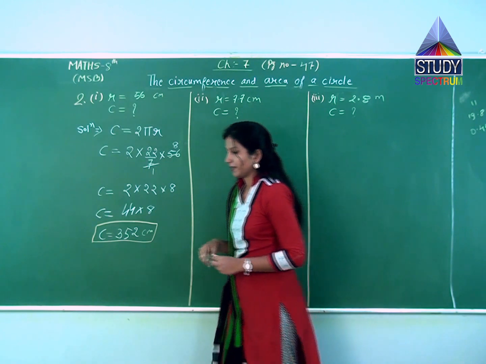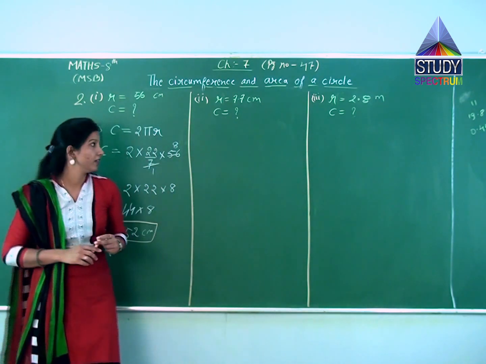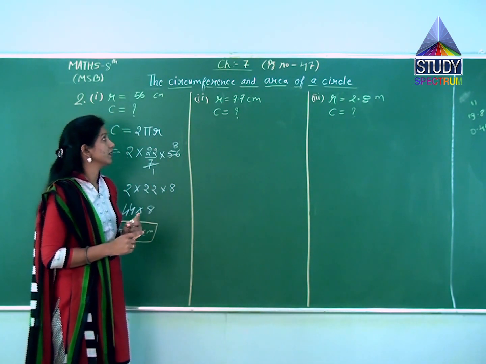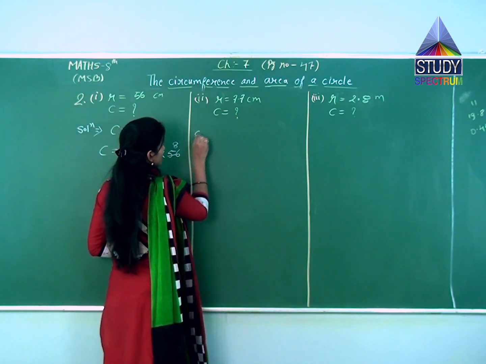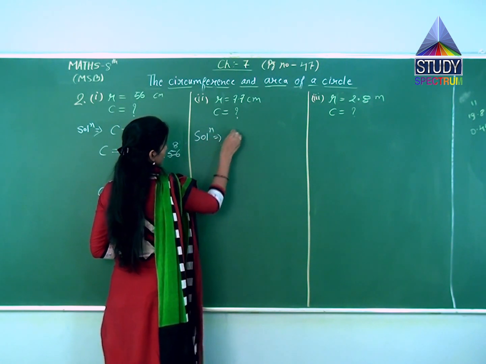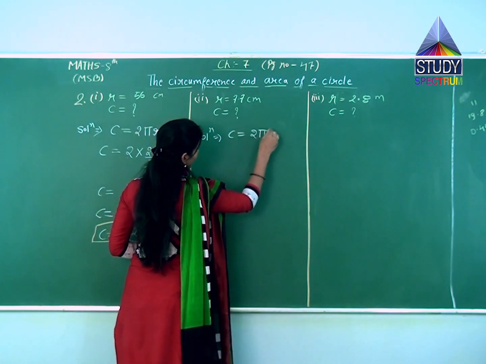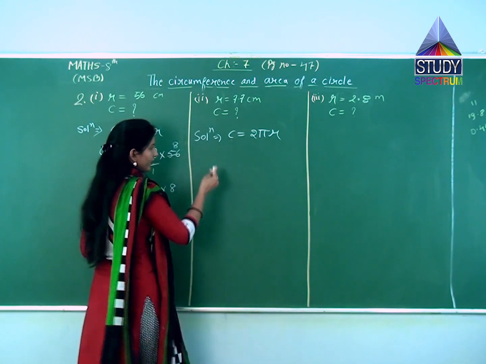Now, the next part. In this part, we are given the radius 7.7 centimeter. So our solution will be C is equal to 2 pi r. C is for circumference.